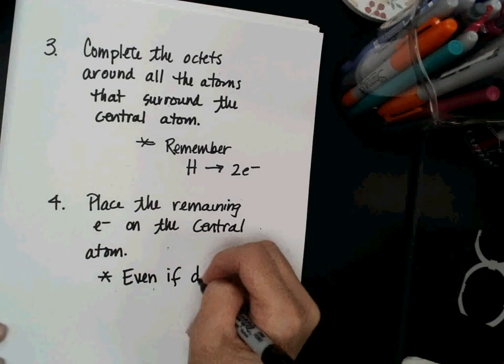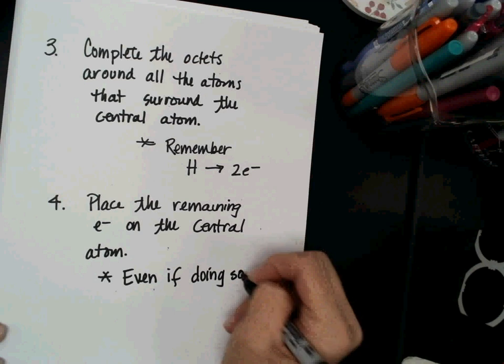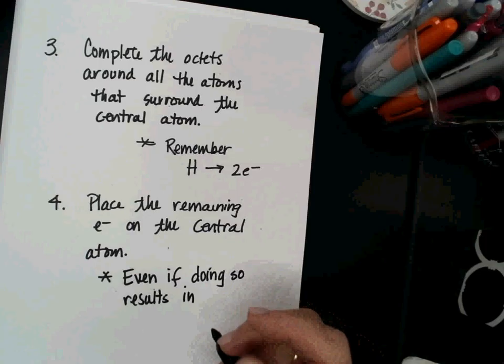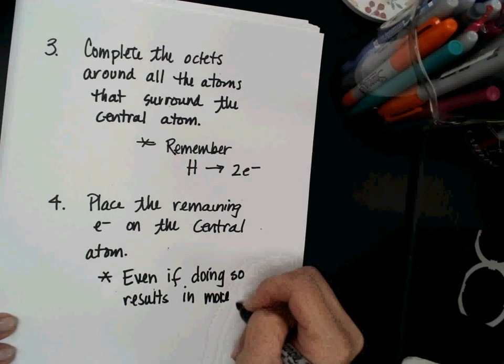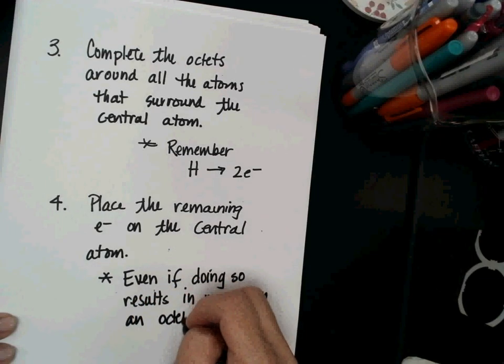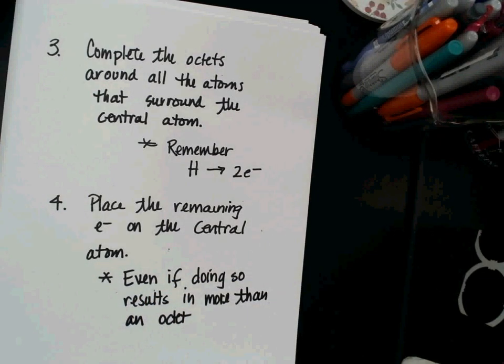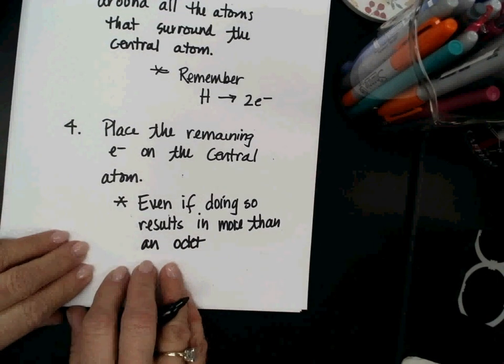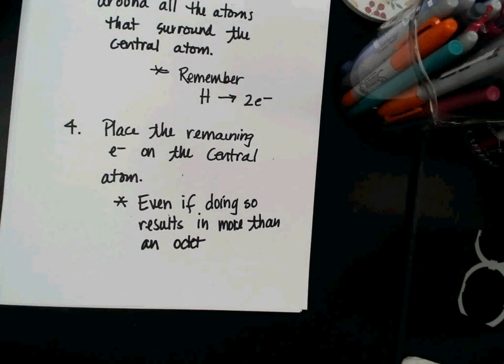Even if doing so results in more than an octet, because remember we've already talked about the fact that some of the atoms have expanded octets. You've got a little list of those already, like sulfur, phosphorus. So up until we get to this part, it's pretty easy. You don't have to think a whole bunch about it. Then it can become a little more of a puzzle.